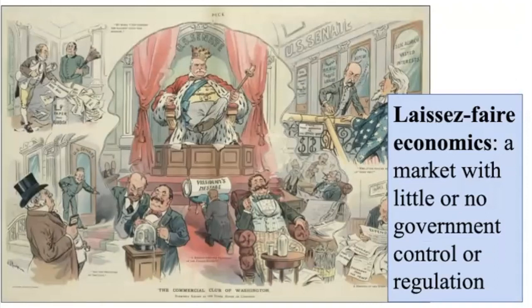This is often referred to as laissez-faire economics, a market with little or no government control or regulation. The wealthy class that we've seen made alliances with state and federal officials in order to protect the accumulation of massive profits.